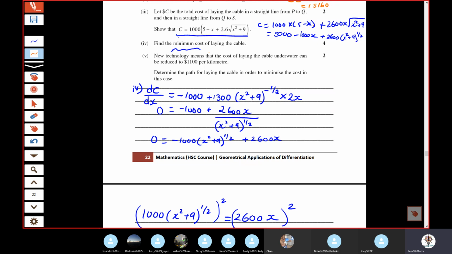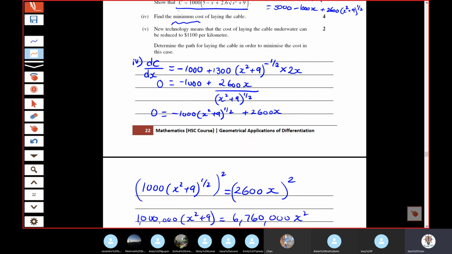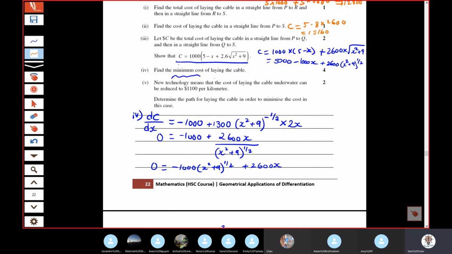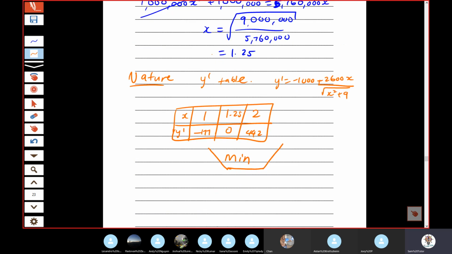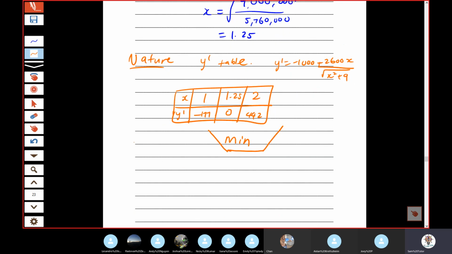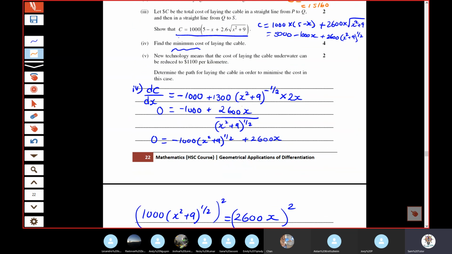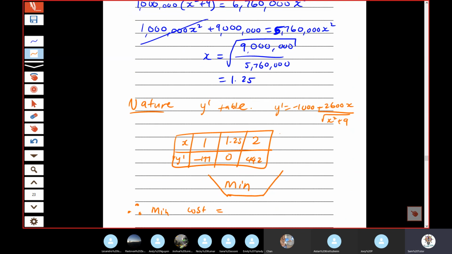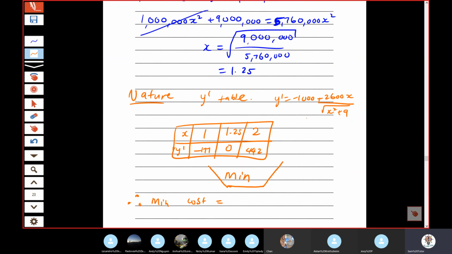Did you find the actual cost? No, you just found when it occurs. You found when x occurs. So you've got to sub it back in, or you'll lose a mark again. You don't answer the question. Therefore, minimum cost is, all right, can someone, yeah. Yep, you must have done something wrong.